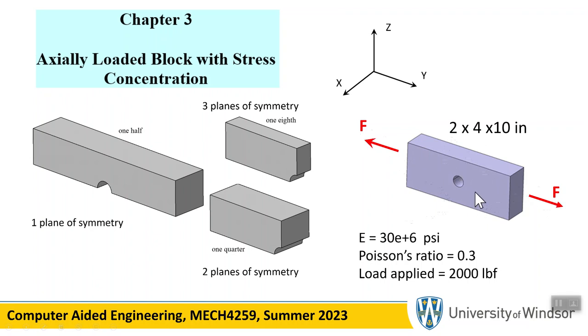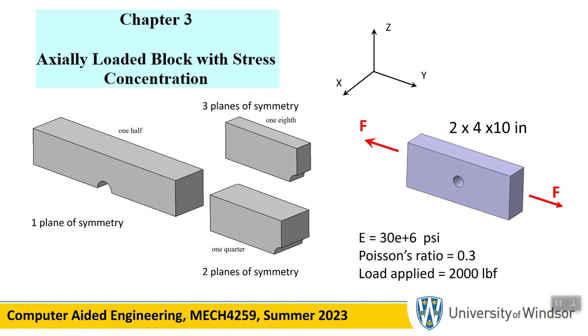Now, if you look at this problem, the first thing you might say is, well, can I just forget about one of these forces, for example on the left side, and fix that entire face on the left side, and then apply the force F to the right end? The answer is yes, but you're not solving the problem that I'm giving you.